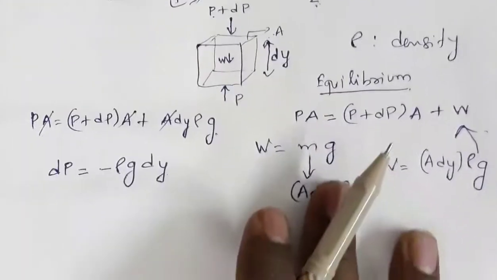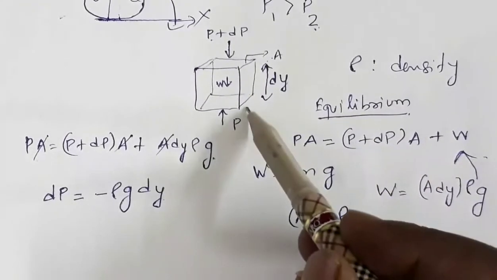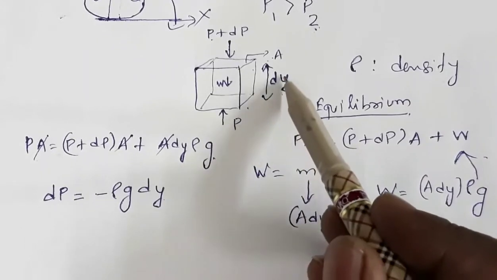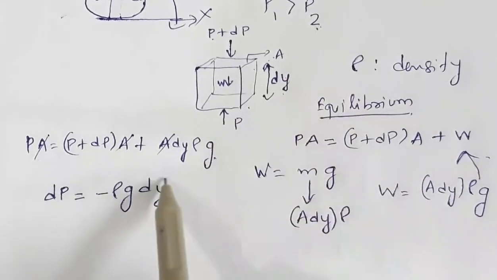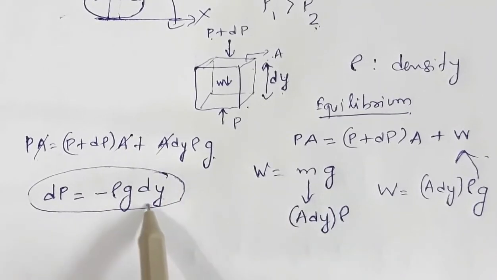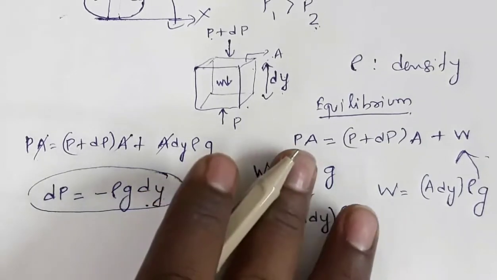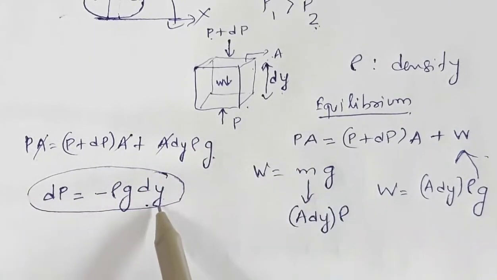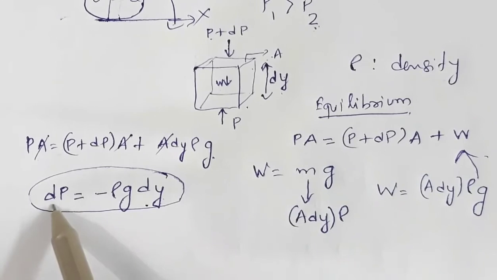So when you move between the two surfaces, the value of y increases by dy. This expression shows that when height increases by dy, that is, when you move from the lower surface to the upper surface through a distance dy, the pressure decreases.